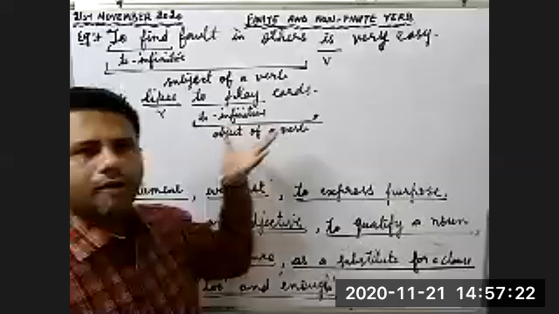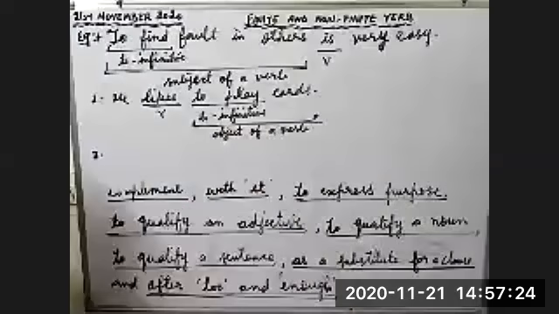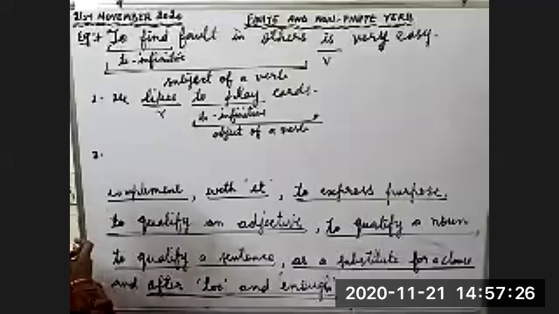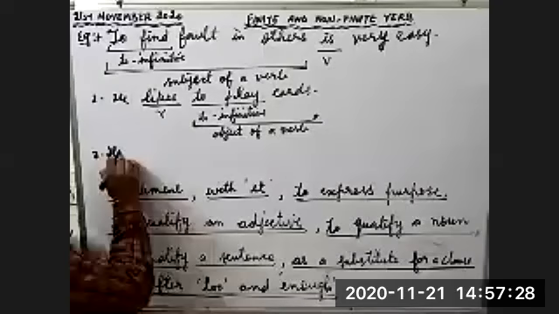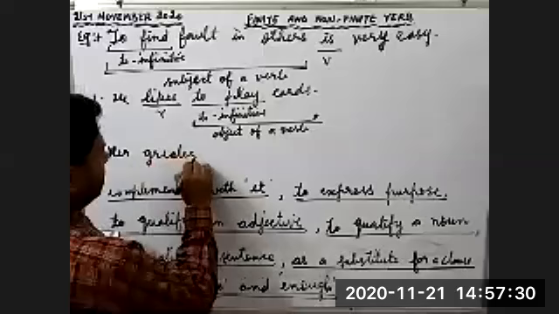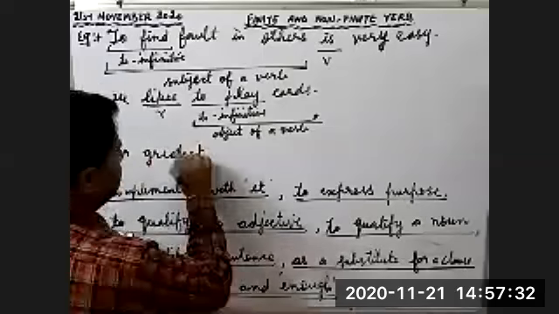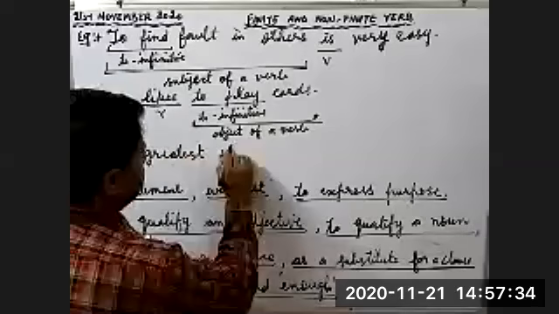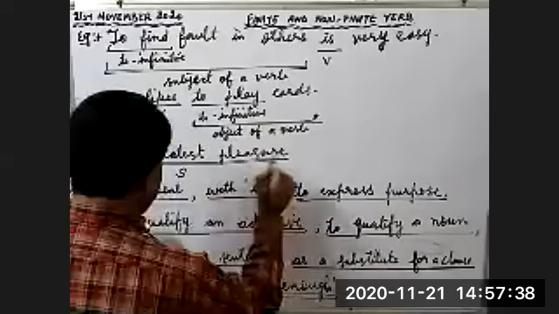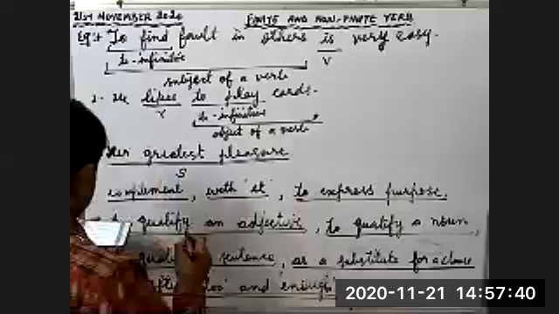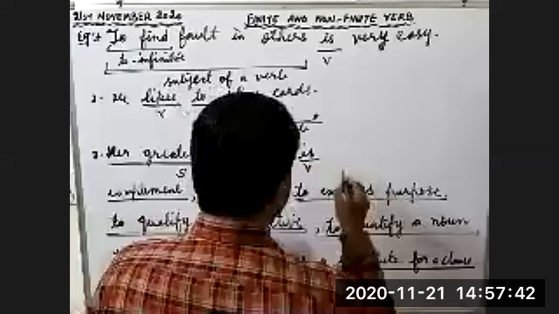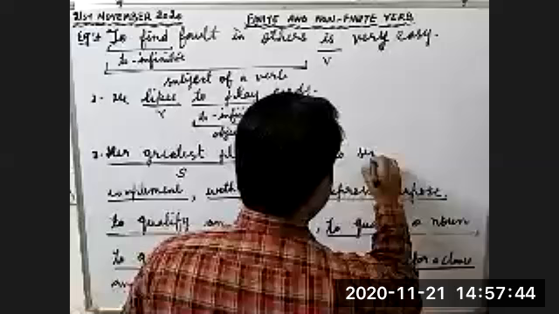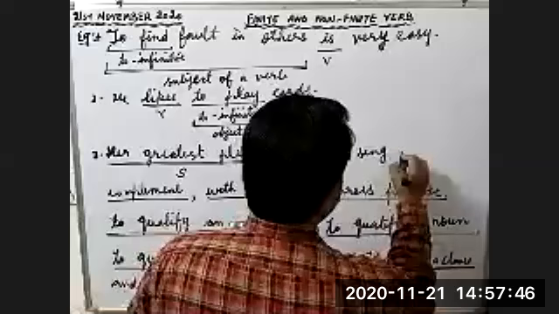Let's see the third example: Her greatest pleasure is to sing daily. Her greatest pleasure, this is subject. Is, verb. What? To sing daily.